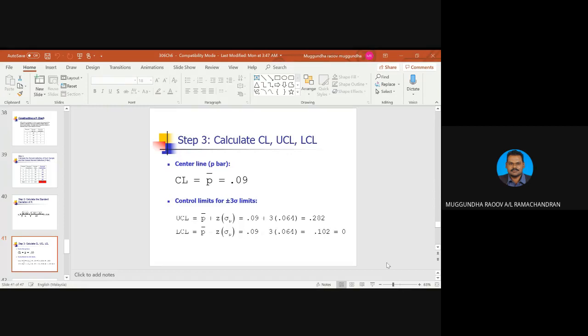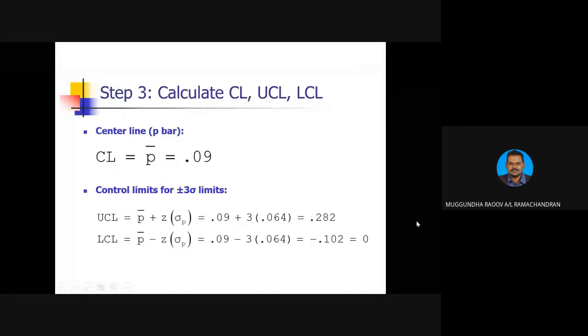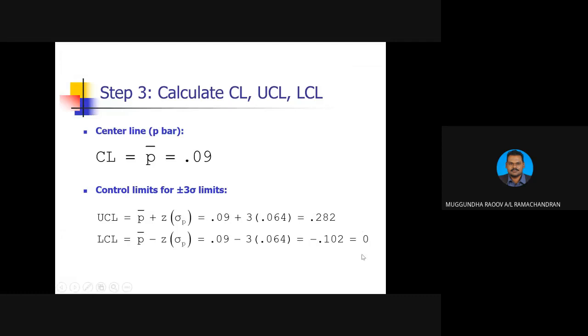Here there is one thing, class, you have to focus on, which is your lower control limit value, which is negative. Whenever your value becomes negative, automatically you have to put 0. That means, class, we can't go to negative, so the lowest is 0.